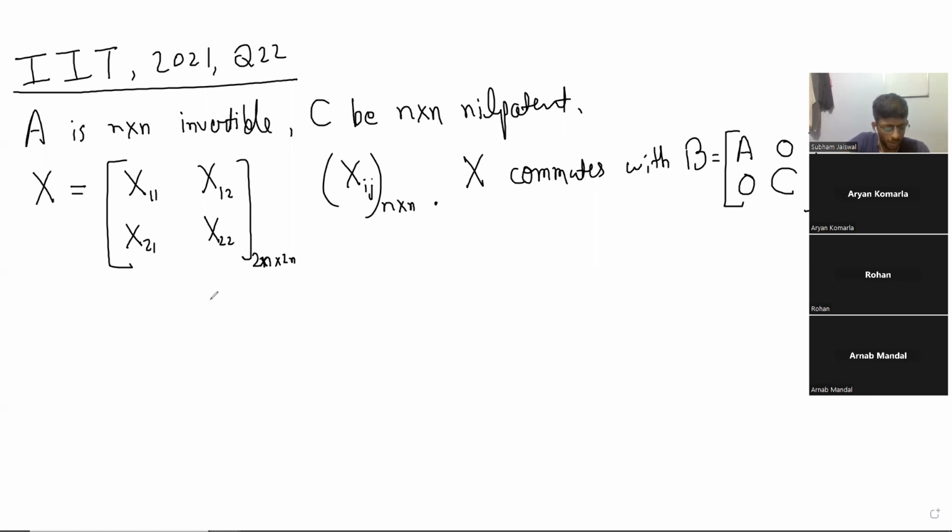So basically, let us see which xij is necessarily 0. Okay, there are some options, but all this will follow if you try to answer this.